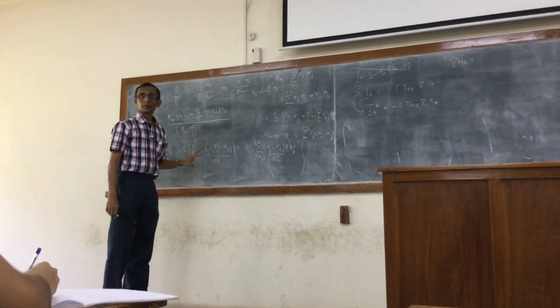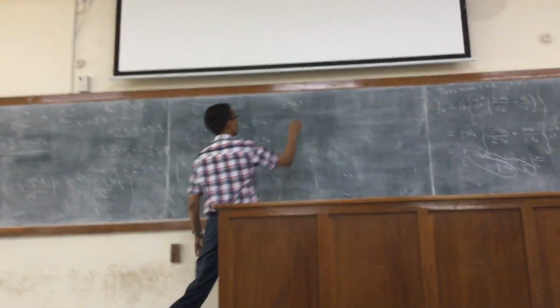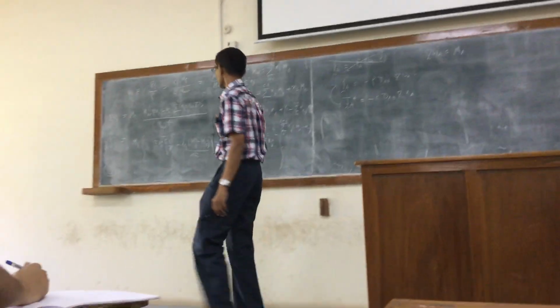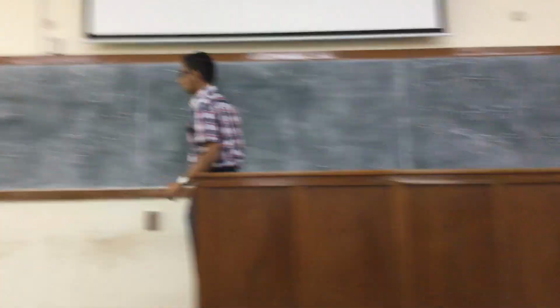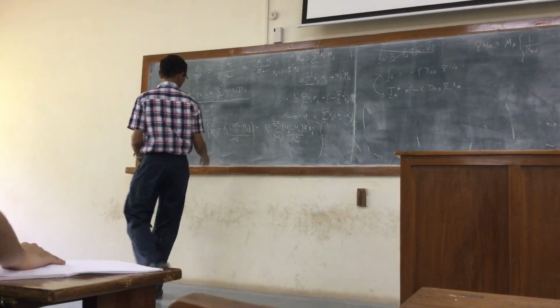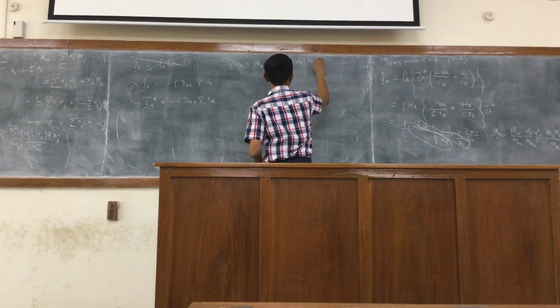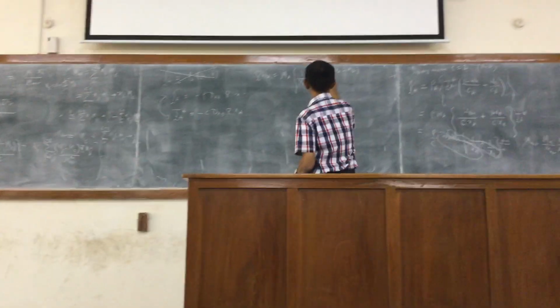There will be one independent mole fraction here, so I can very easily write this as MA times 1 over M average minus XA times (MA minus MB) over M average square.